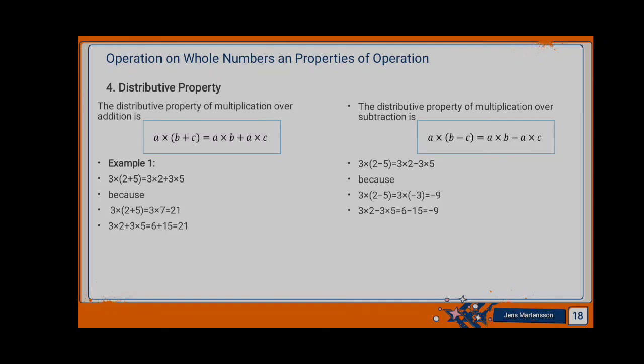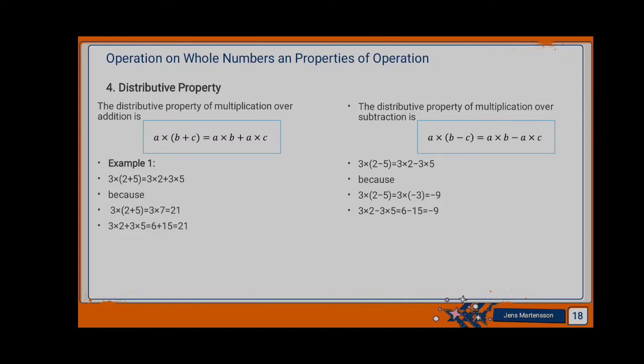The distributive property of multiplication over subtraction is a times (b minus c) is a times b minus a times c.